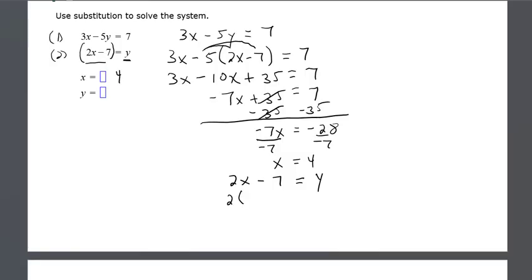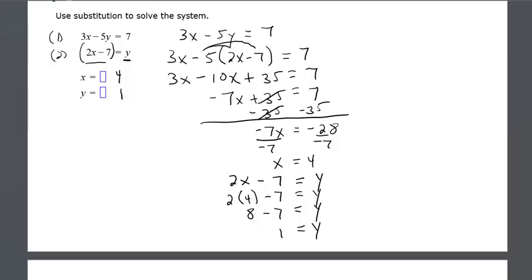So that gives us 2 times 4 minus 7 equals y. 2 times 4 is 8, and 8 minus 7 is 1. So our solution for this system is x is 4 and y is 1.